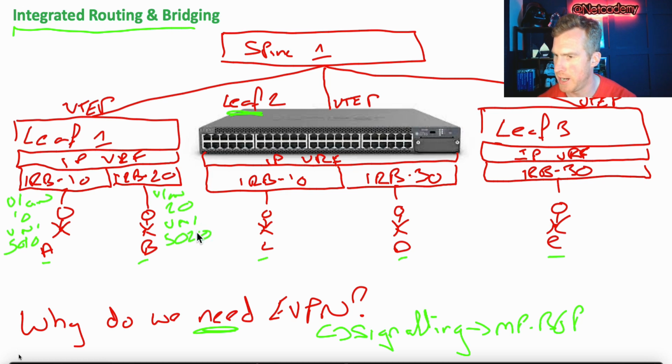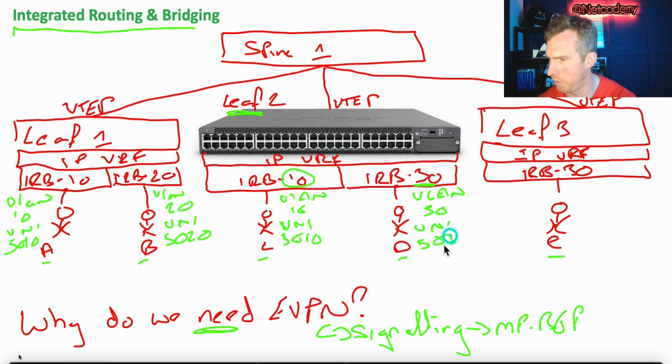It's the same for user C, in VLAN 10 because it's configured to go to IRB.10, so VNI 5010. User D, MAC address D, has IRB.30. So it's a bit different, and there's a reason why I'm doing that. This will be in VLAN 30, and that'll go to VNI, just for example, 5030.